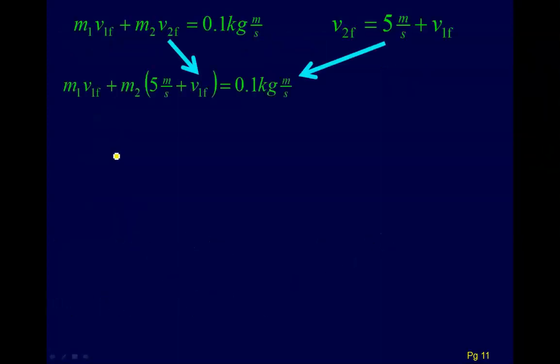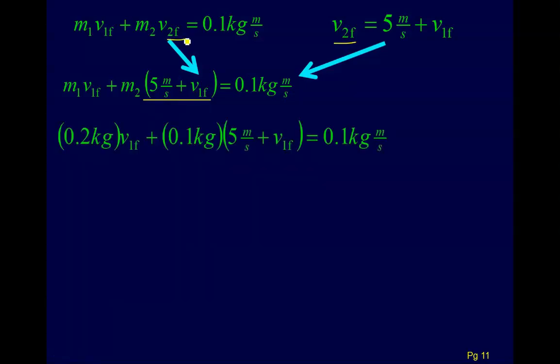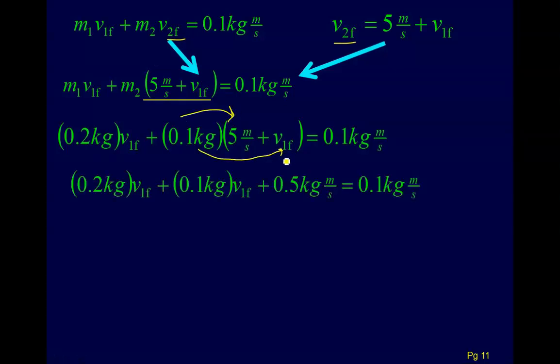I'm going to basically plug this equation into the other one. So I'm plugging in V2 final where the V2 final was over here. My first step, I'm just going to plug in the masses. My second step, I'm going to distribute this 0.1 times the 5 and the V1 final. When I do that, I get one term that has a V1 final and one term that's just a number.